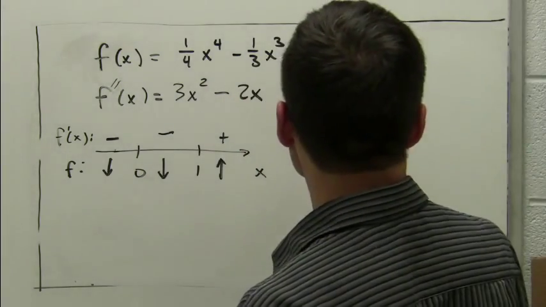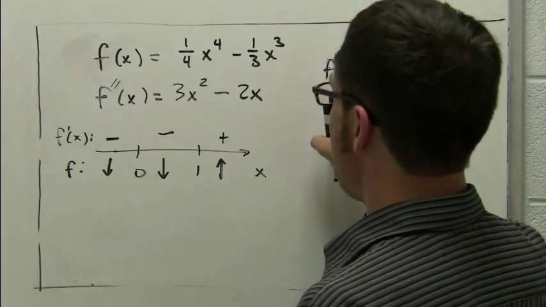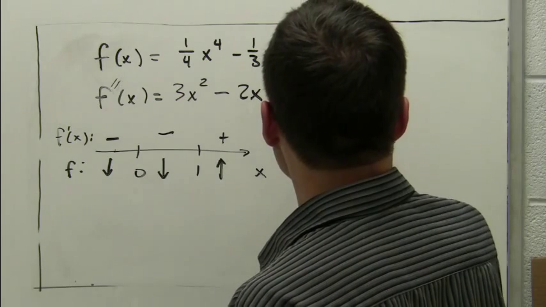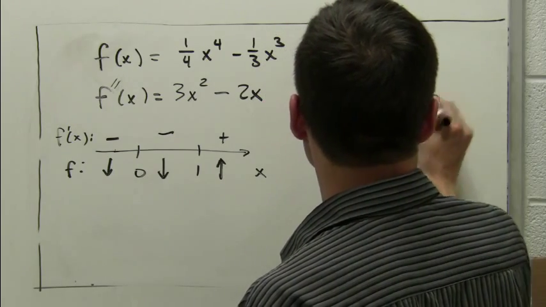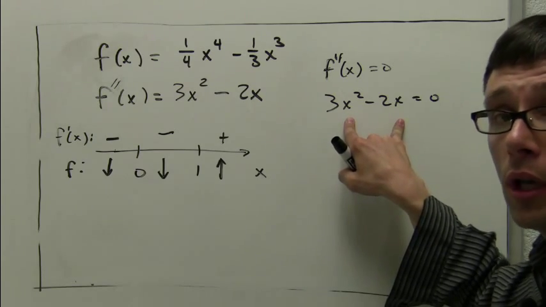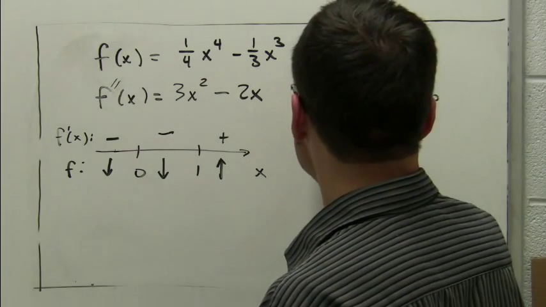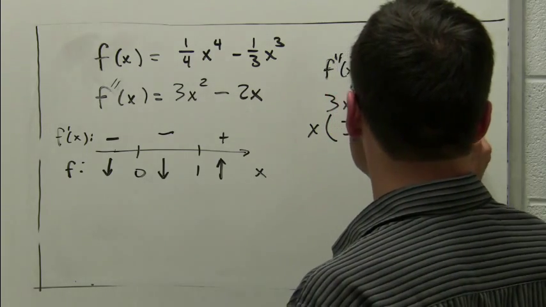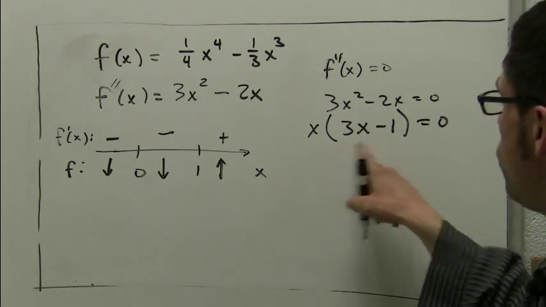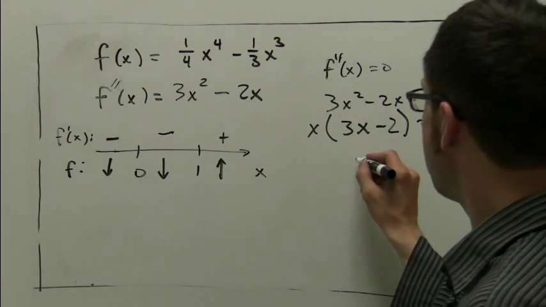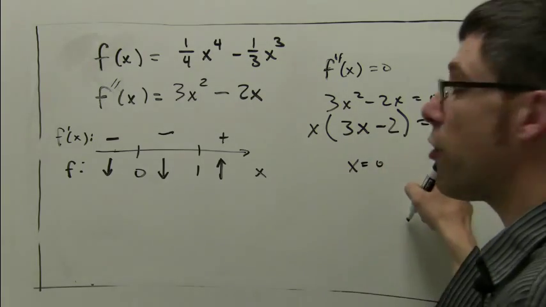So solving this equation for x, I get 3x squared minus 2x is equal to 0. I can pull a common x out of this whole quantity. I get an x outside after factoring this, times 3x minus 2 is equal to 0. And I notice that there are two solutions. First of all, x equal to 0 would make this whole thing 0.